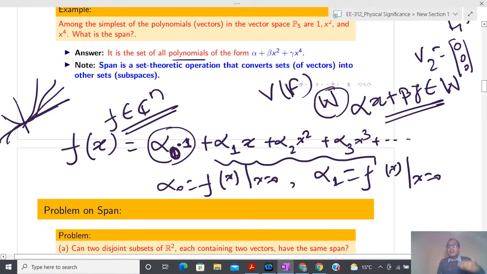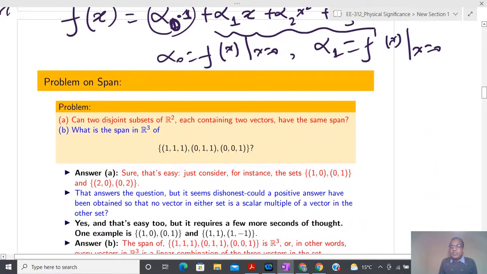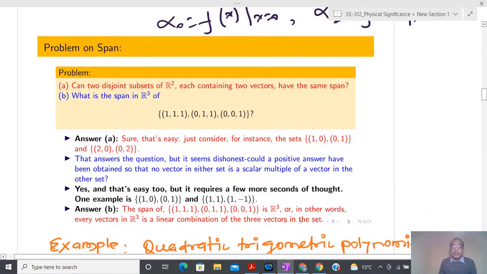And obviously x cube, x4 have some other interpretation in higher dimensional space. So by selecting these vectors 1, x, x square, x cube that span the whole space of f(x) about some point, I am able to formulate that. Due to that reason, you have to understand the idea of a span.